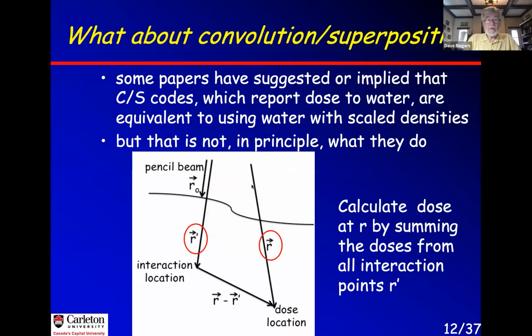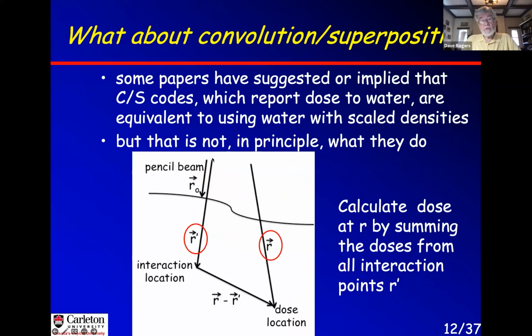Okay, so then what about convolution superposition? Because for many years, this became the standard treatment planning system in many cases, and is still widely used because it can be very fast for optimization calculations.